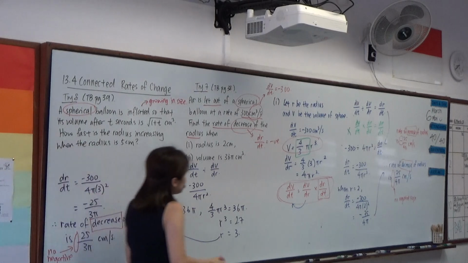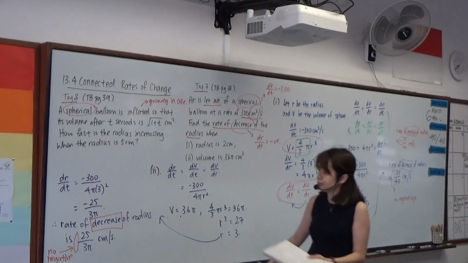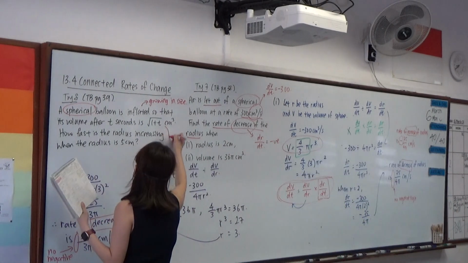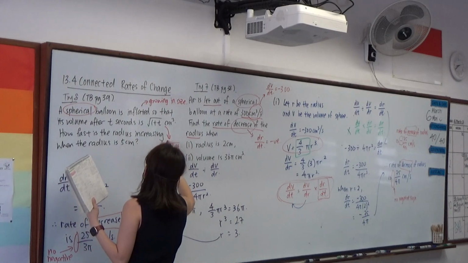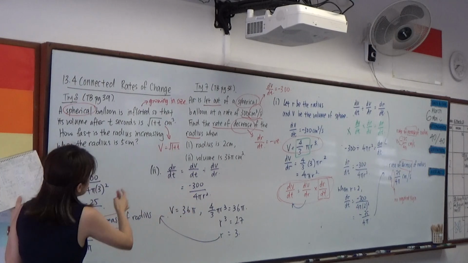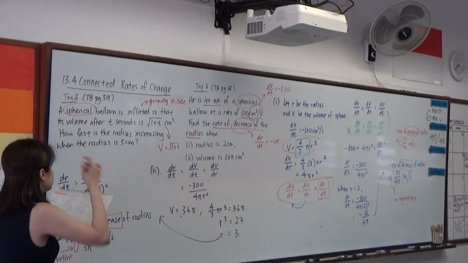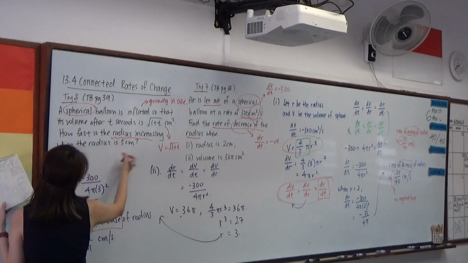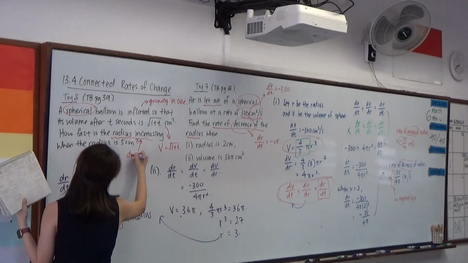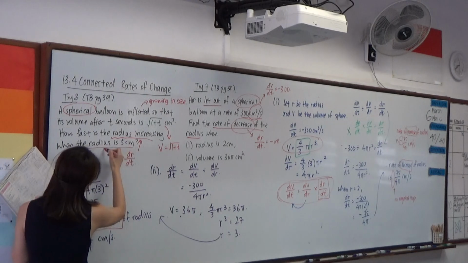Given that the volume after t seconds is the expression itself, what it means is that your V is equal to square root of 1 plus t. That is the volume after t seconds. The question is asking how fast is the radius increasing, so that means that you are trying to find out what is dr over dt when the radius is 5 cm.